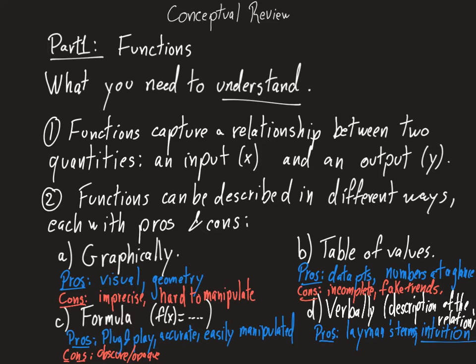So a formula is very easy to manipulate. It's very easy to plug in information accurately, but it's hard to tell just by looking at the formula what's going on. In a sense, this is the opposite of representing a function graphically. Graphically is very clear, you can see right away what's going on, what the trends are with the function, but it's imprecise and difficult to manipulate. Formulas are very accurate and very easy to manipulate, but it's unclear at a glance what's going on with your function.